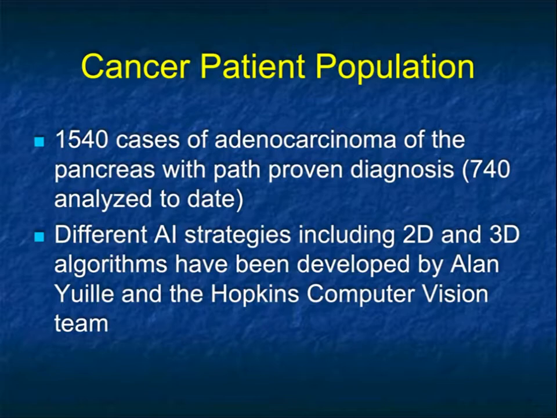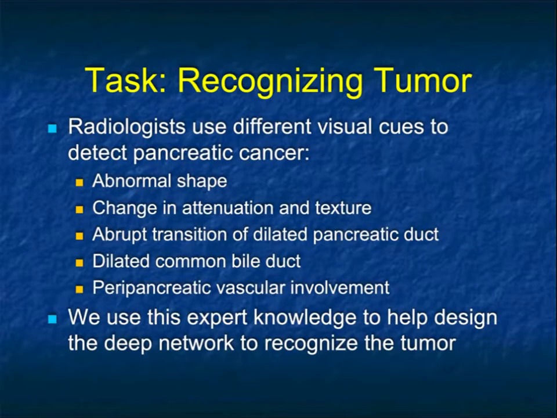So then we said, okay, now we can recognize the pancreas and the various organs. What about pancreatic cancer? Just because you can find the pancreas and draw it accurately doesn't mean you can recognize pancreatic cancer. So the next couple of years we spent developing algorithms that would allow us to detect the presence of pancreatic cancer. We tried to develop the algorithms very much as if a radiologist was reading it.